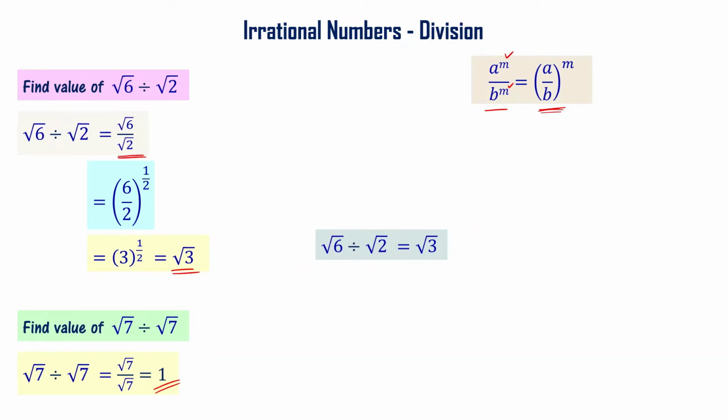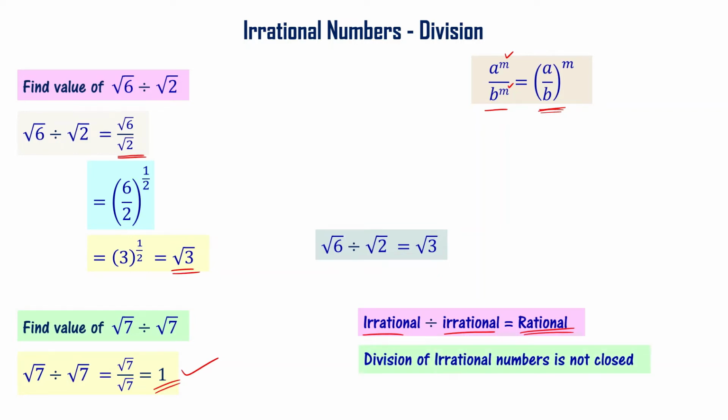So for this example, you have seen that when you divide an irrational number with another irrational number, you got rational number as the answer, right? So now we can say that division of irrational numbers is also not closed. You look at this. In the case of rational numbers, only division is not closed, right?